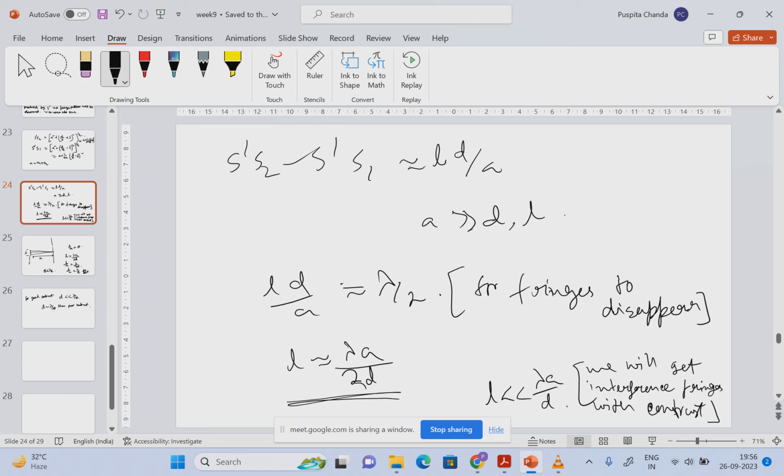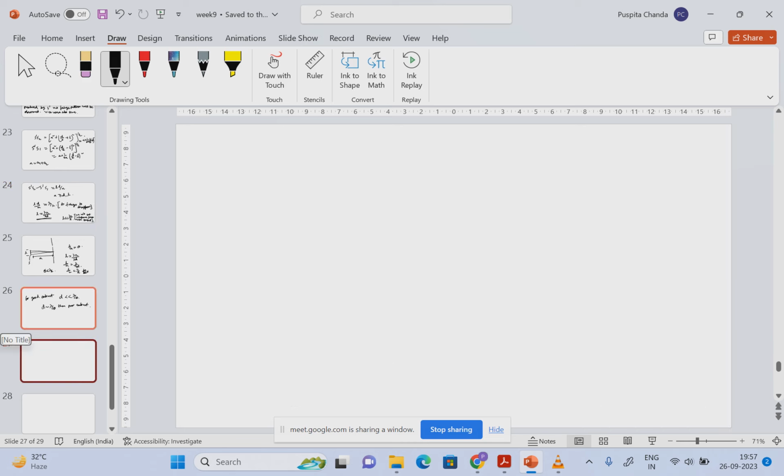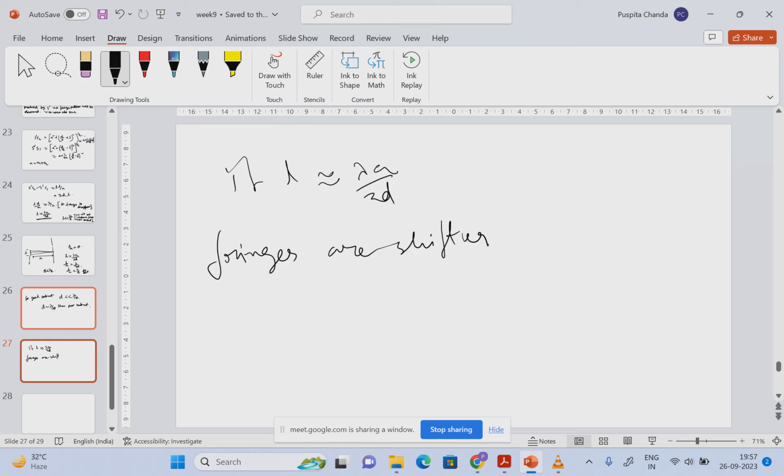This L produces fringes which are shifted by a half fringe width. If L is lambda A by 2D, the fringes are shifted by half a fringe width.